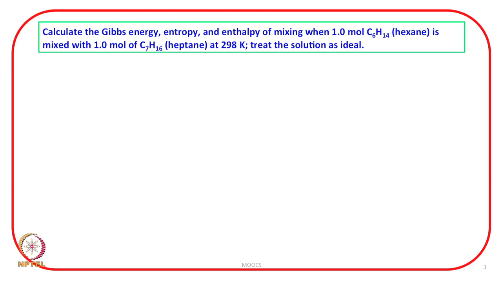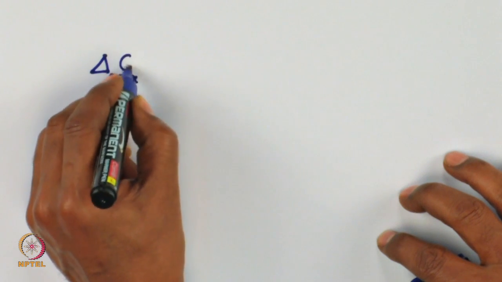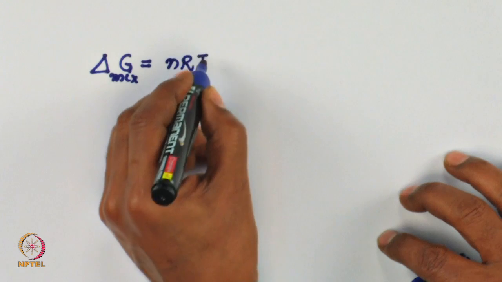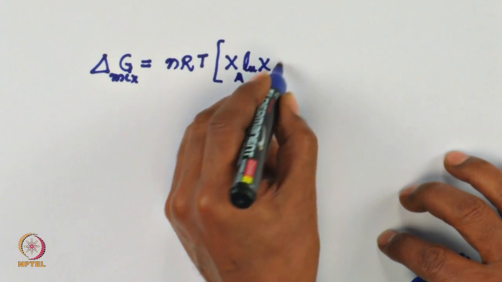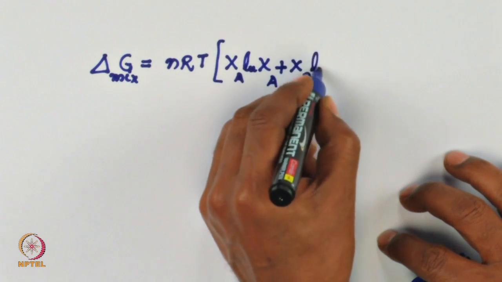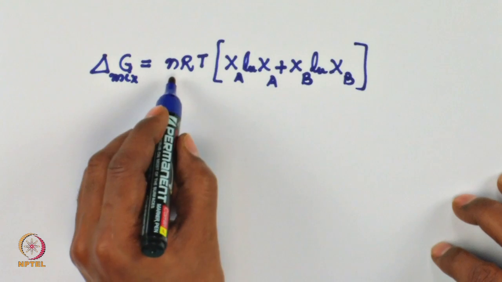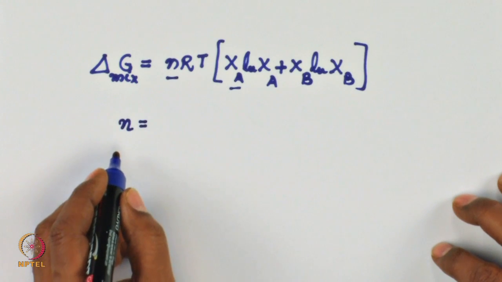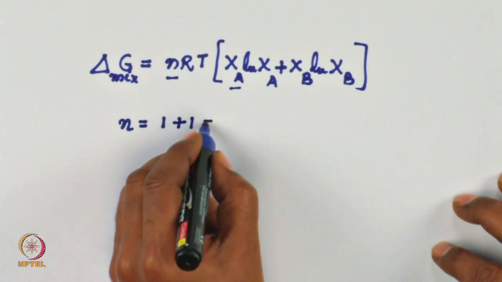This is a very easy question. We need to calculate the free energy of mixing, which will be equal to N R T times X A log X A plus X B log X B. What we need is the value of N and the value of X A. N in this case is going to be equal to 2, because there is 1 mole of hexane plus 1 mole of heptane.